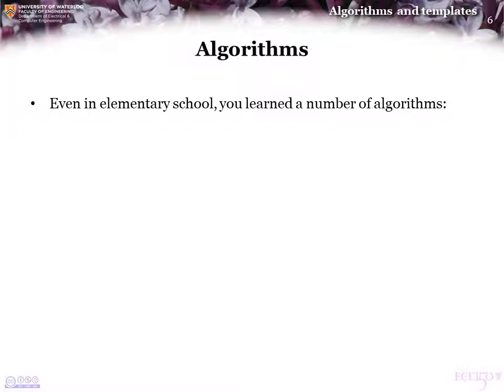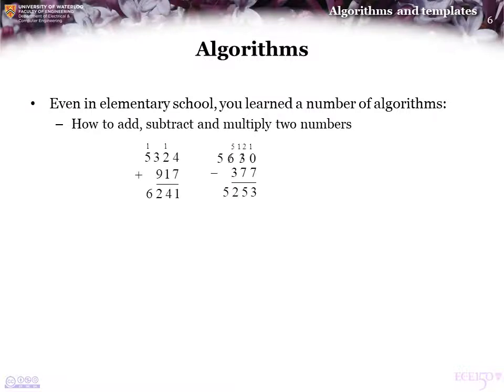Now, even in elementary school, you did learn a number of algorithms. For example, very early on you learned how to add, subtract, and multiply two arbitrary sized numbers. First, you saw how to add two numbers using carries, and you saw how to subtract one number from another using borrows.